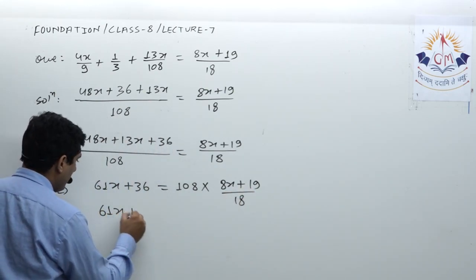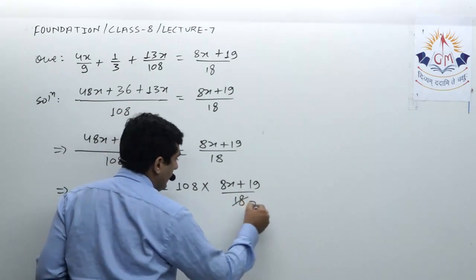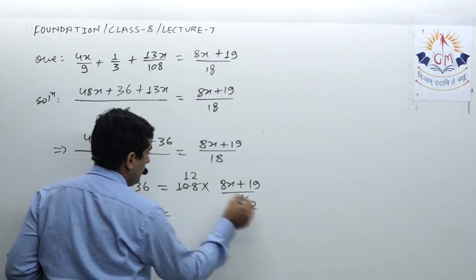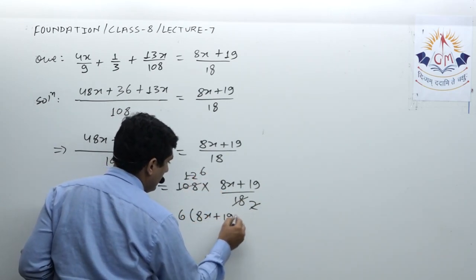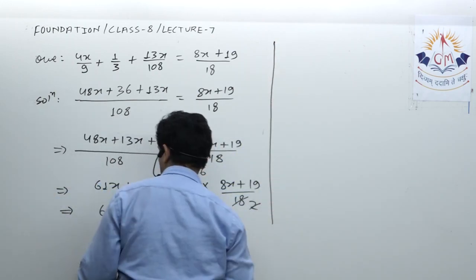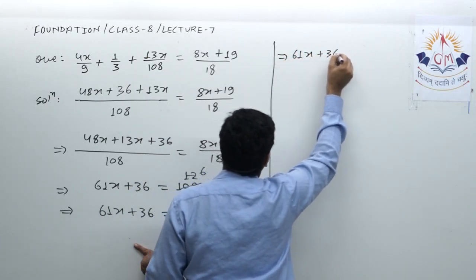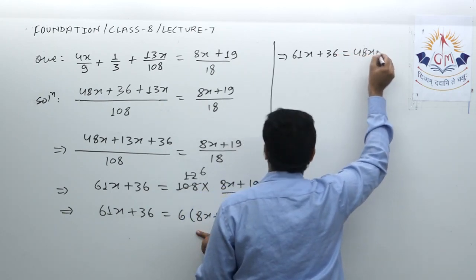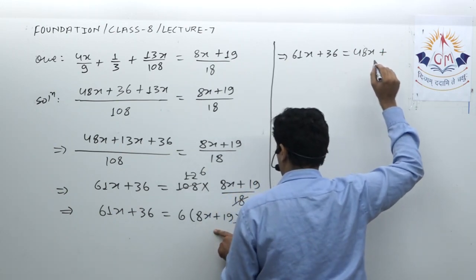So 61x plus 36 is equal to, now I can cancel this with 9, 9 2s are 18, and 2 6s are 12, that is 6 into (8x plus 19). Okay, now see, now further here 61x plus 36 is equal to 48x plus 6 into 19, that is 114.